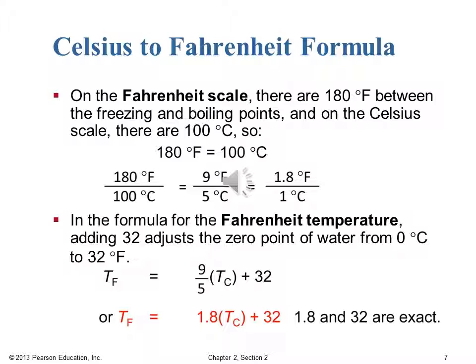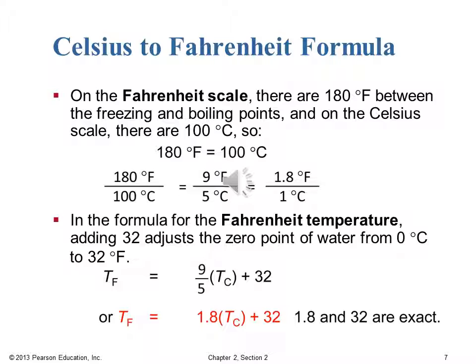Not a nice, easy conversion, but one that we can do if we have to. I would provide the formula for you, and we also have to account for the given temperature in either Fahrenheit or Celsius that we're trying to convert between. So to find the temperature in Fahrenheit, for instance, we would take 9/5 or 1.8 times the temperature in Celsius plus 32, again, to account for the fact that at 32 Fahrenheit we're at 0 Celsius.